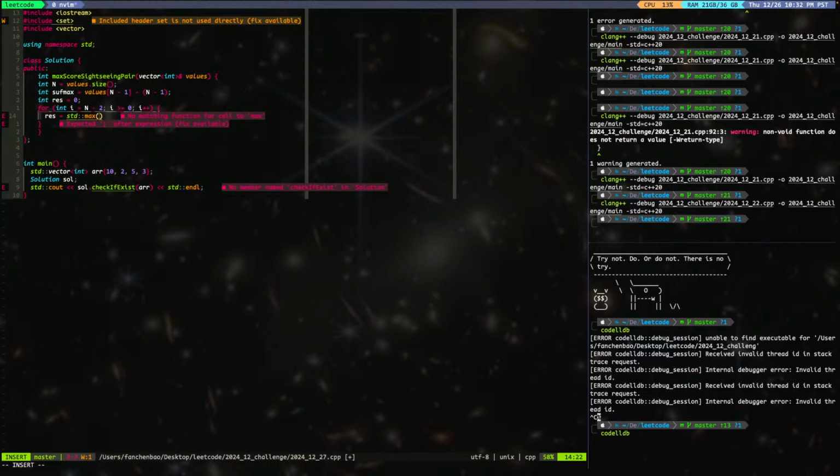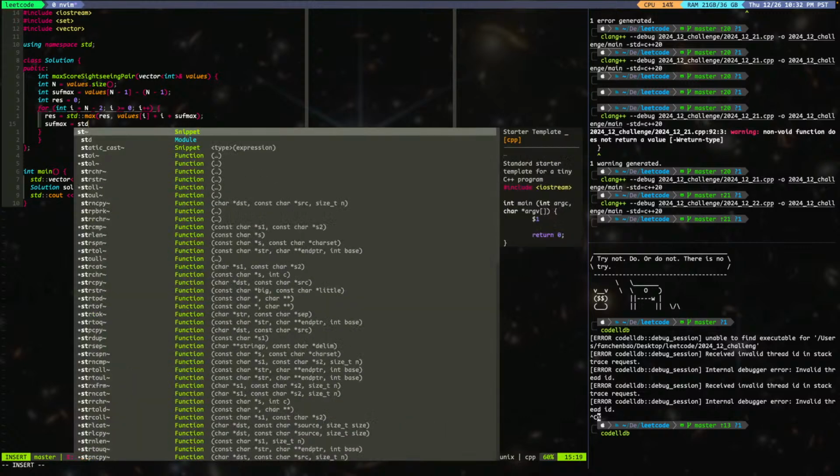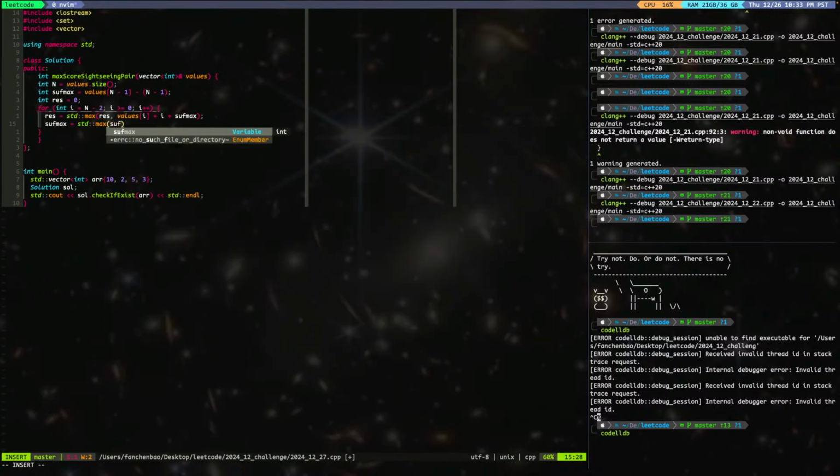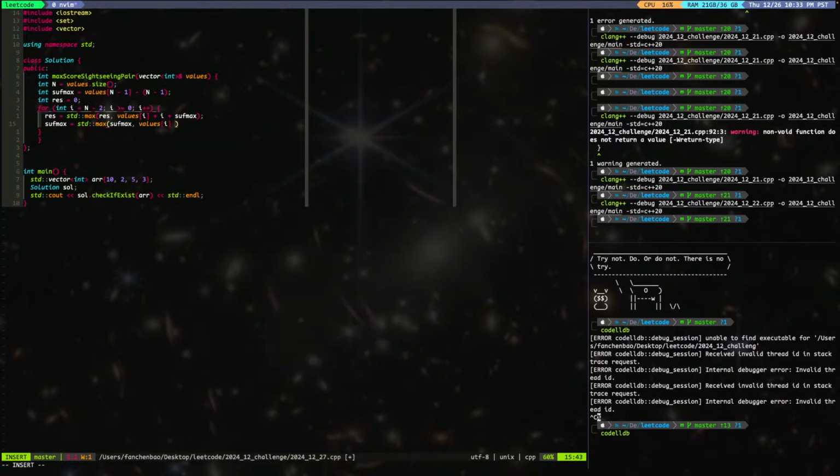Alright, so it's going to be values[i] plus suffix max, and suffix max minus i.